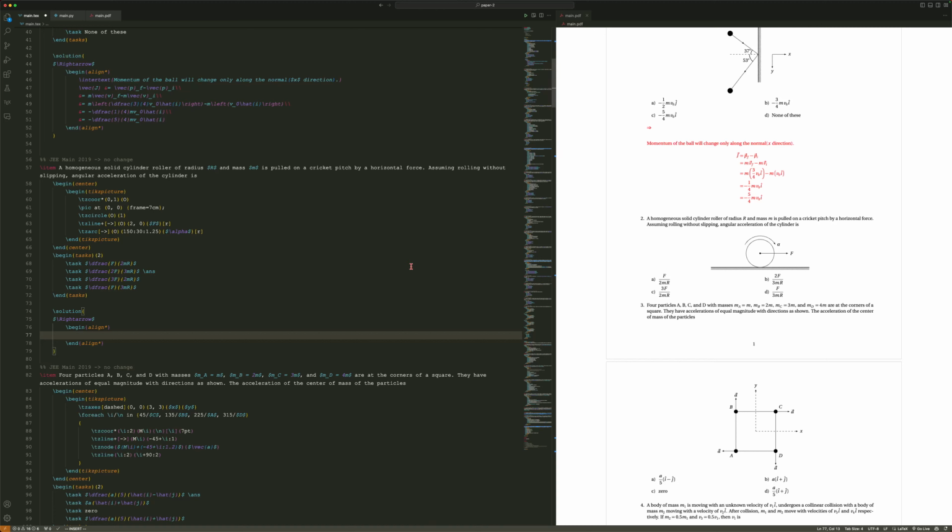So firstly I think we have to draw some diagram because, should I draw or not, I don't know.